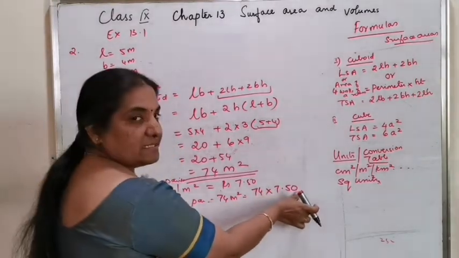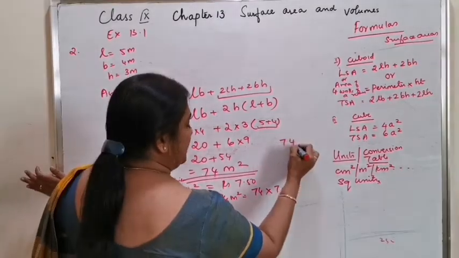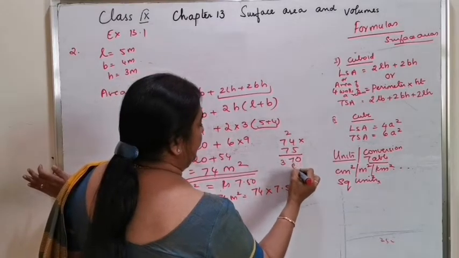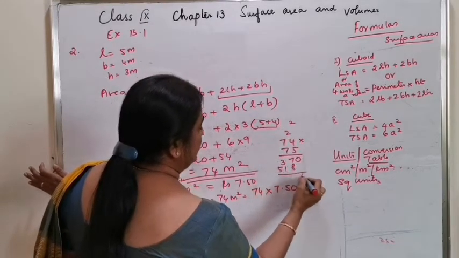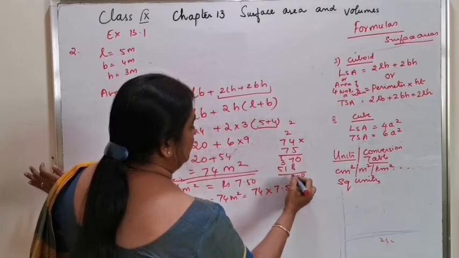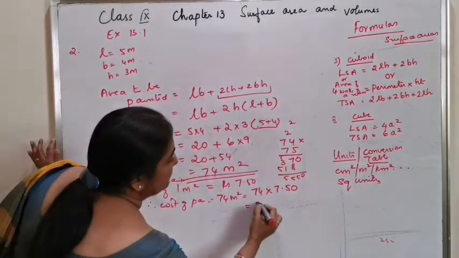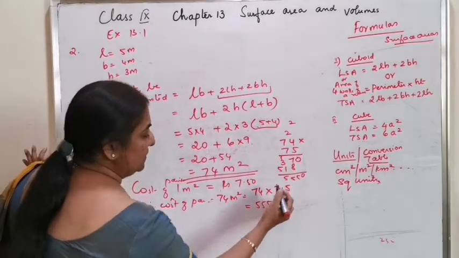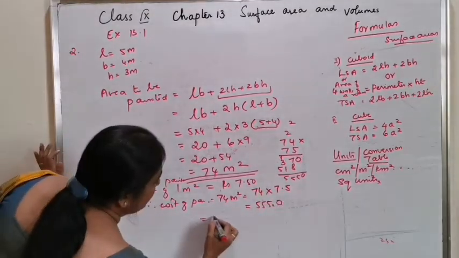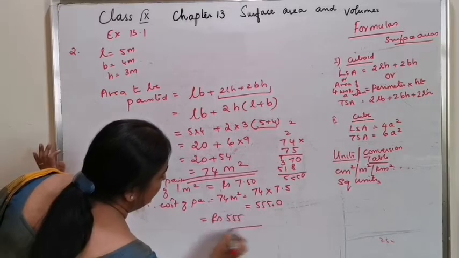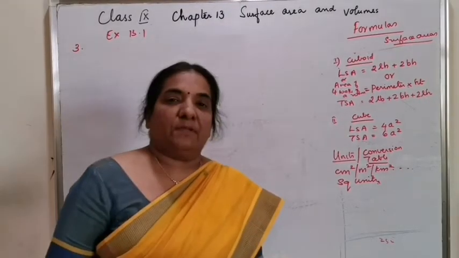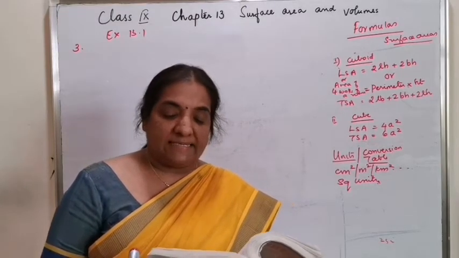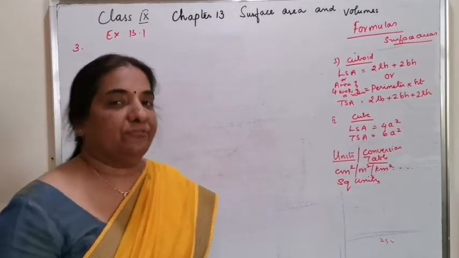You need not take the 0 here. You can multiply 74 into 75. It is 5,550, and then since you have not taken the 0, that means one decimal place. That means it is rupees 555.